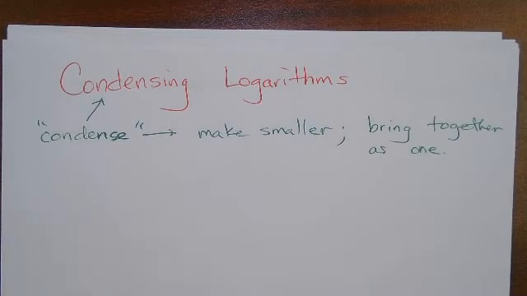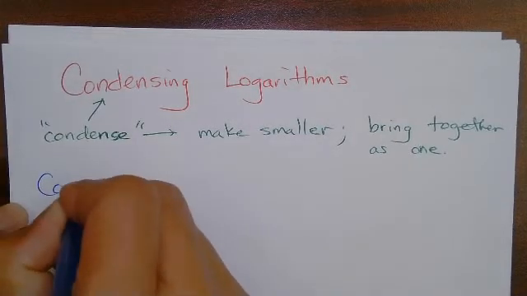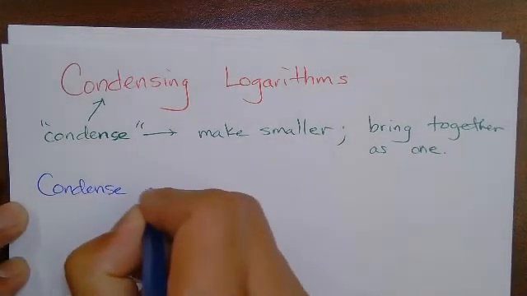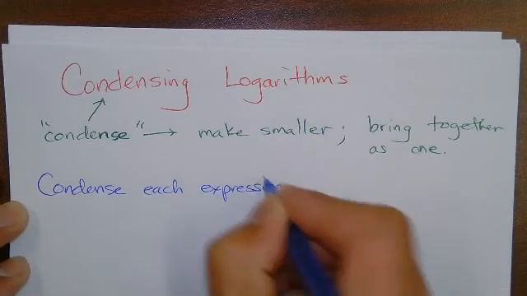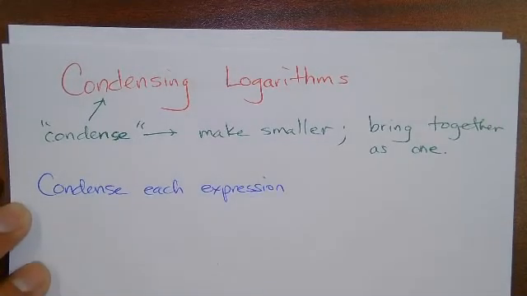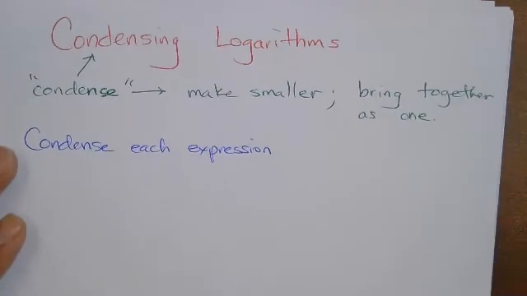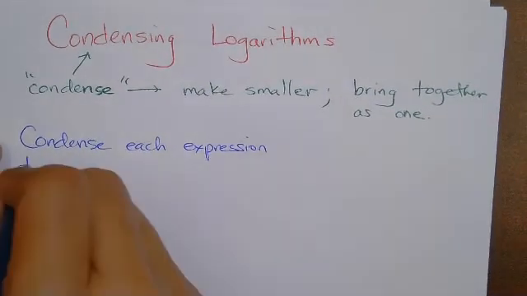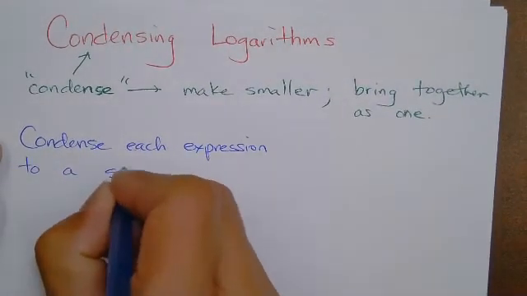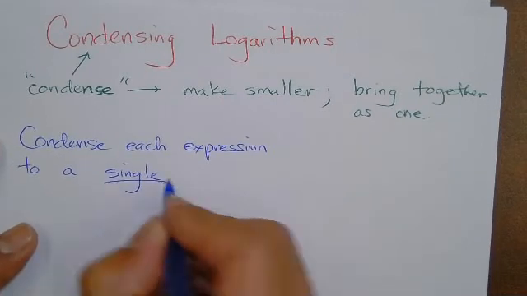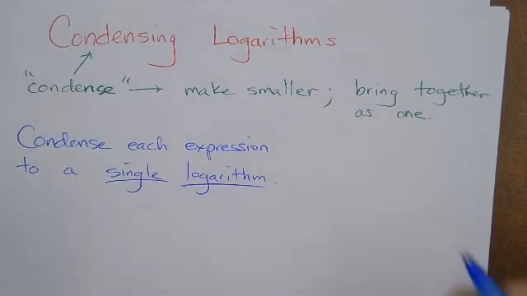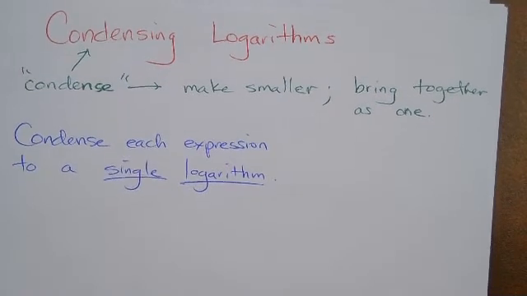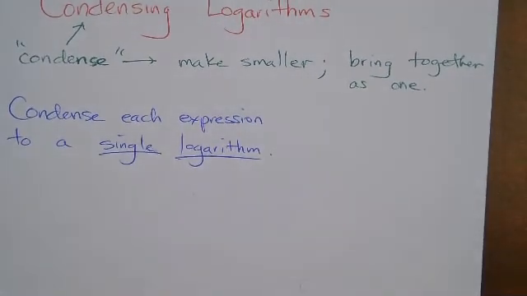Here's what it says. It's going to say condense each expression. Here's the directions. Condense each expression to a single logarithm. Oh, it's already telling you. So up until now, we've been expanding.